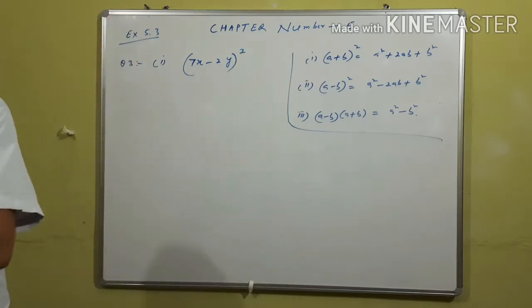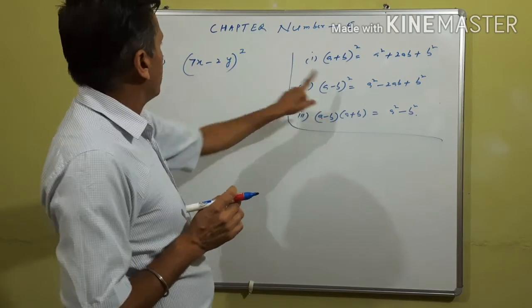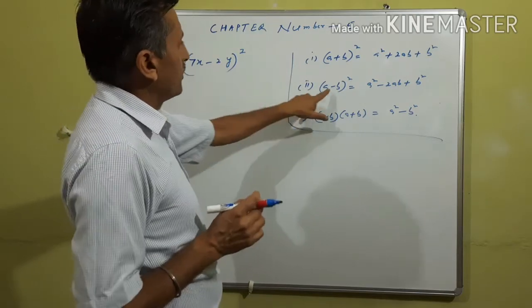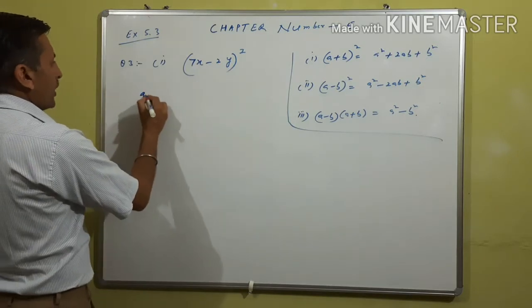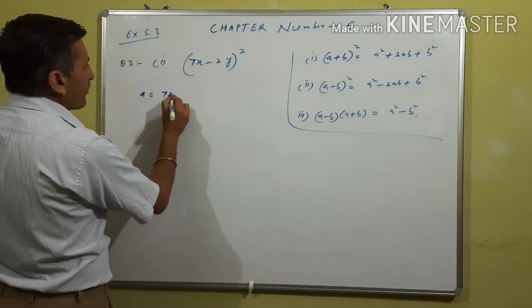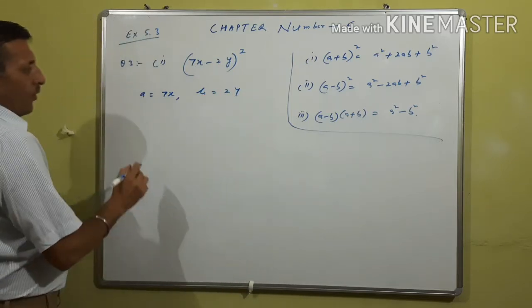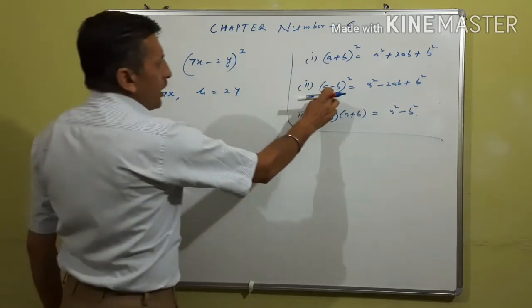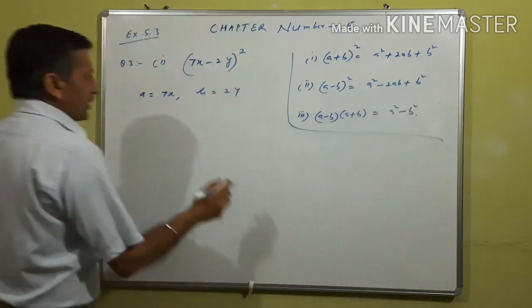Okay. So you can compare your question with the identity. 7x minus 2y, this is your a and this is your b. So (a minus b) square. Here you can say a is equal to 7x and b is equal to 2y. First of all, we know (a minus b) whole square is equal to a square minus 2ab plus b square.